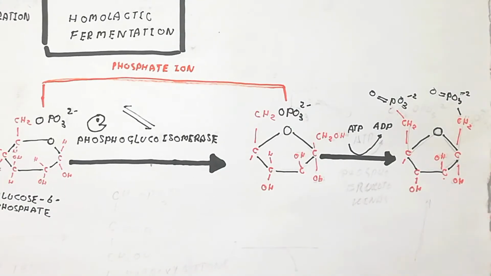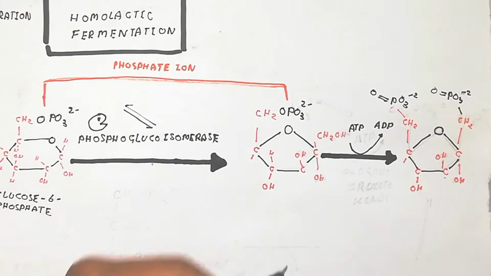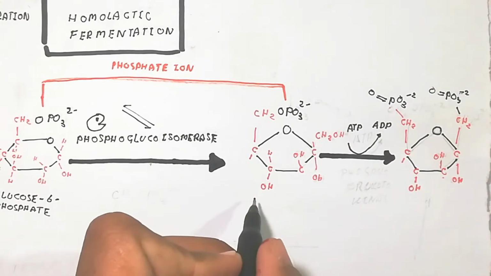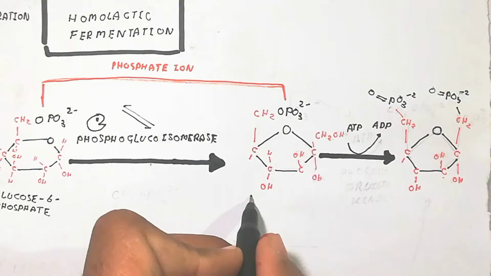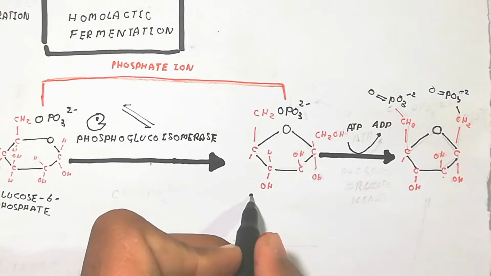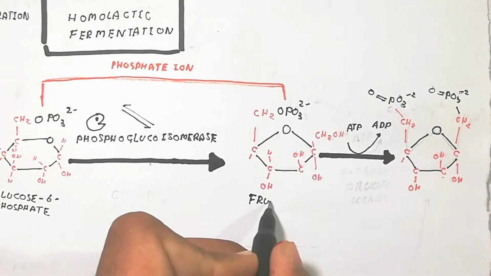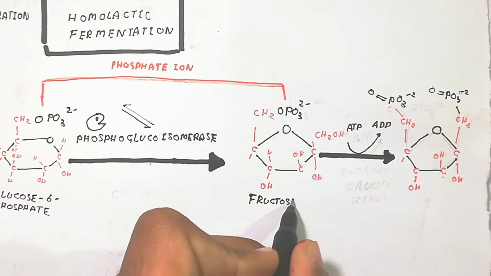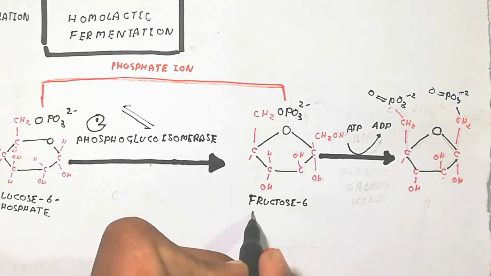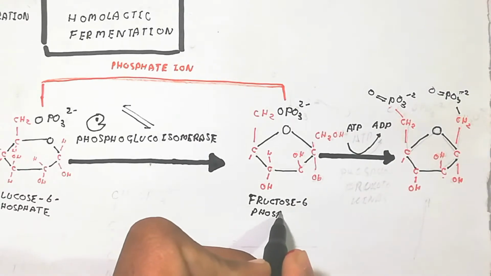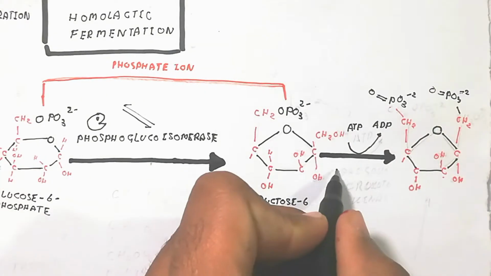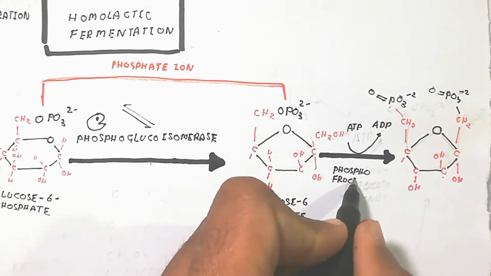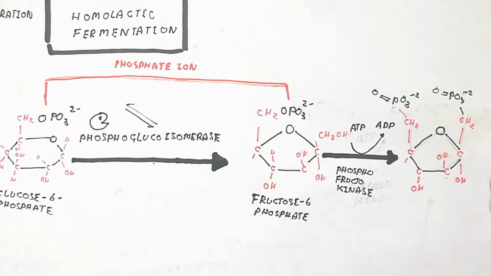Next, we will draw that formula again. Here is 1,6-bisphosphofructose. First of all, here is the fructose 6-phosphate, which is converted using ATP to ADP conversion, and a phosphate group is attached to fructose carbon number 1.